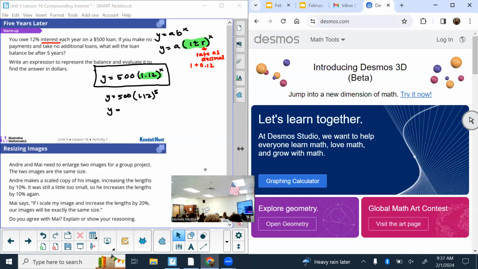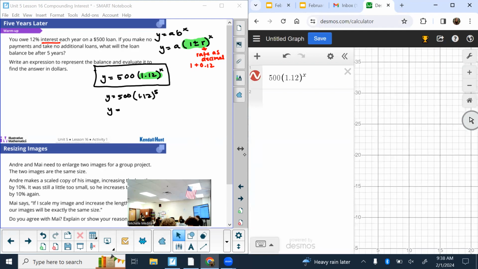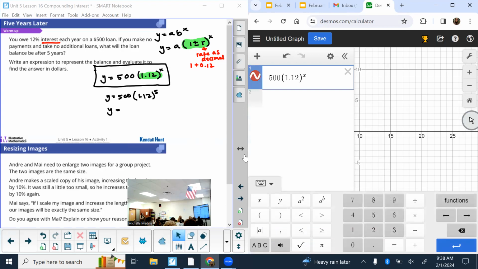So then you'll have 500 times the 1.12 to the X power. That will let me graph it, right? But we want the answer for 5 years. So if you just need to input 5... but if I just want a particular time frame, it'll give me that.